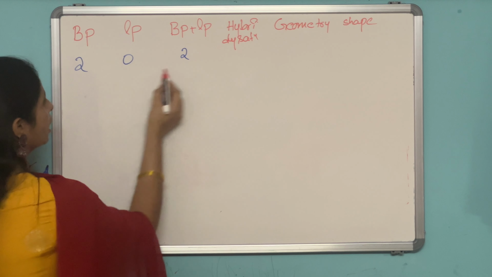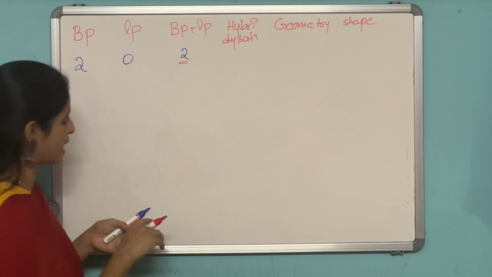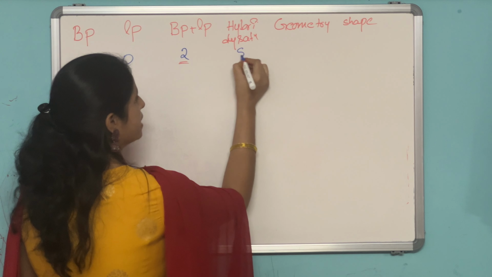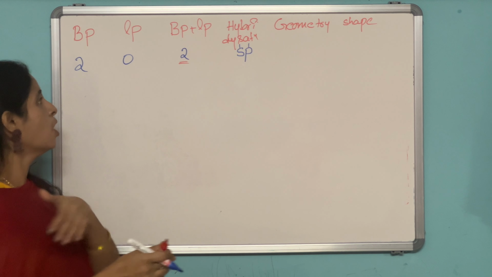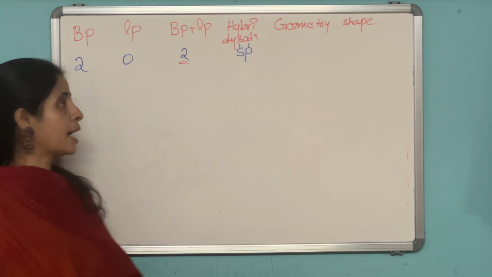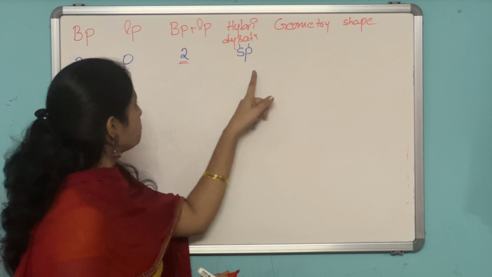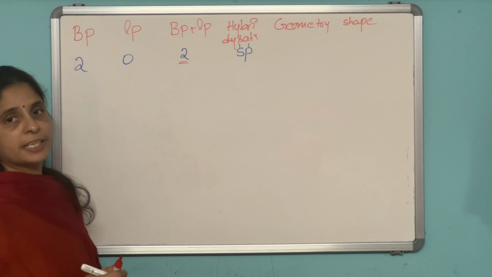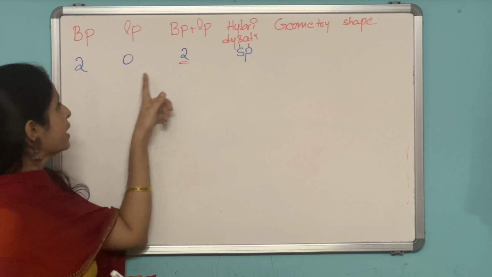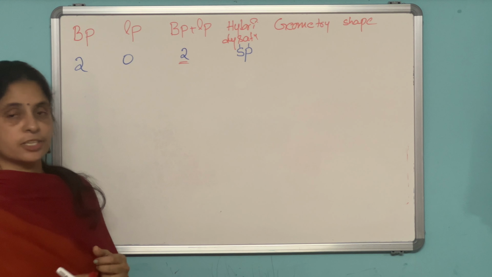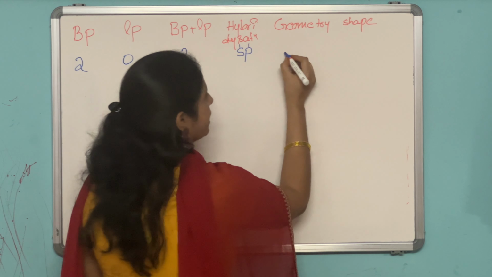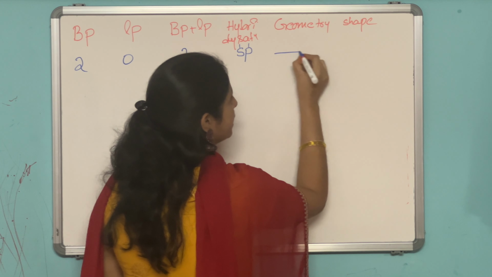So if it is 2, what is the hybridization? It is sp hybridization, one s orbital plus one p orbital. Altogether it is sp hybridization. Now what is the geometry? If it is sp hybridization, the geometry is linear.